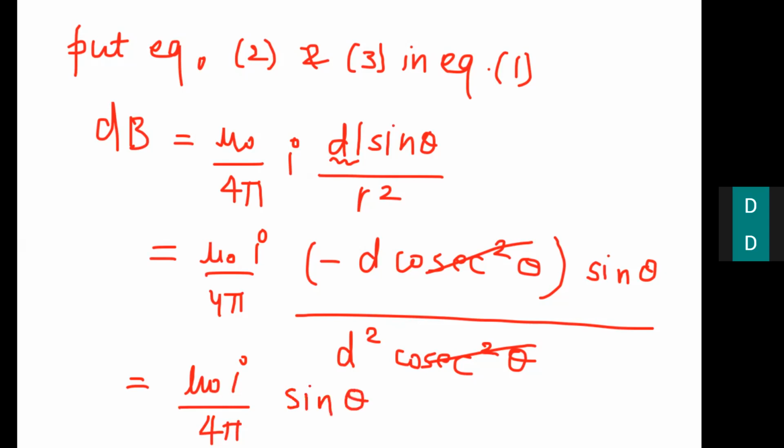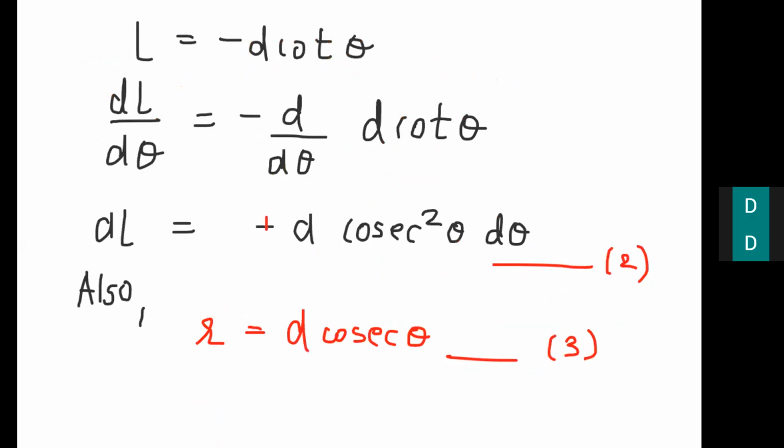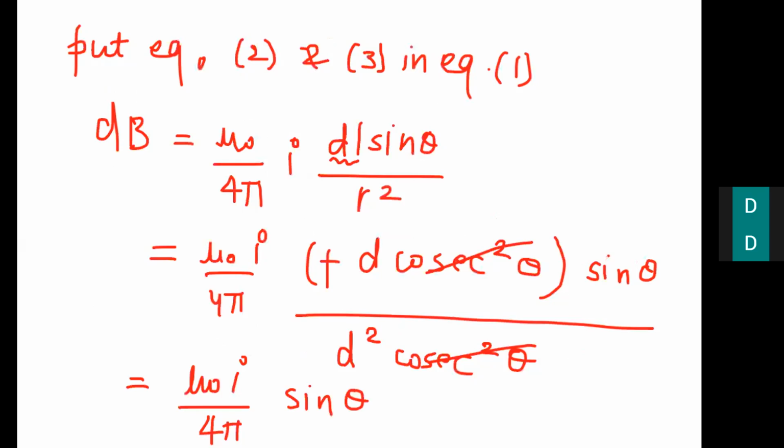Here minus should not be there. It will just be plus, because differentiation of cot theta is going to be minus cosec square theta, so minus minus gets cancelled. So we are remaining with just this part, that is dB is equal to mu 0 I upon 4 pi d into sine theta.